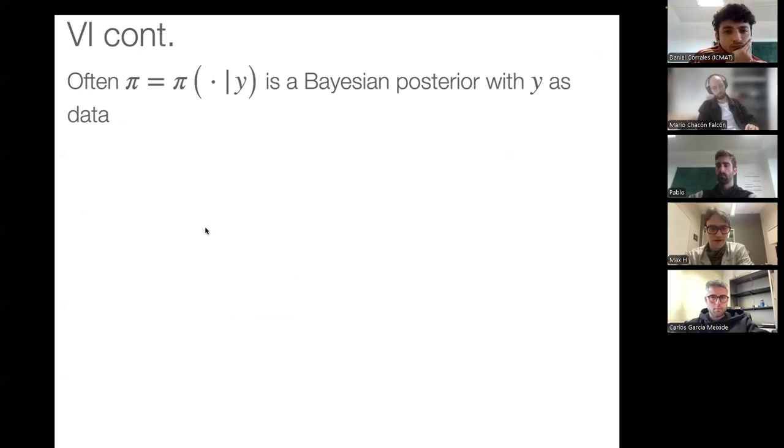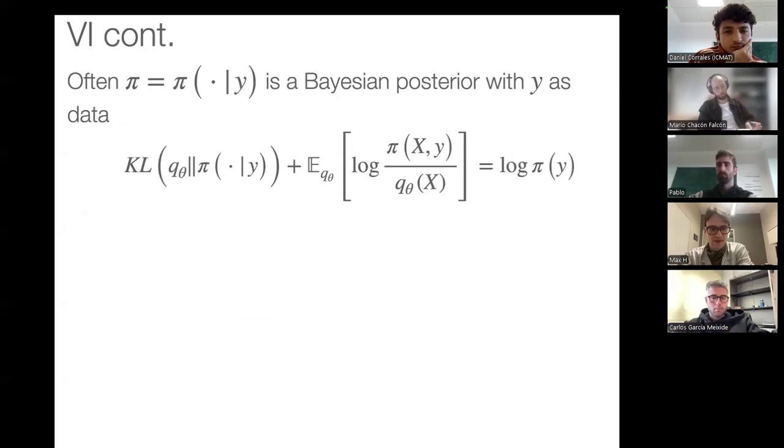Okay, so how is the optimization done? Well, often the target distribution is just a Bayesian posterior, and Y is the data here. In that case, we can make the following decomposition between the KL of the variational approximation and the posterior, plus this term equals the logarithm of the probability of seeing the data, which we'll call the evidence.